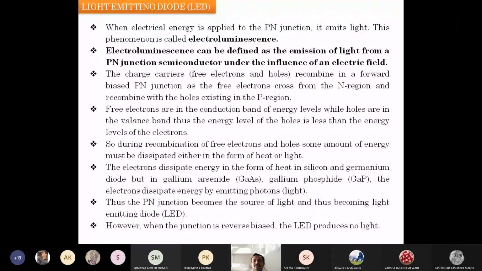It is similar to a normal PN junction, but if you use silicon and germanium, obviously it is going to produce heat, whereas gallium arsenide and gallium phosphide components are going to produce light. Okay, so this is the concept with respect to LED.